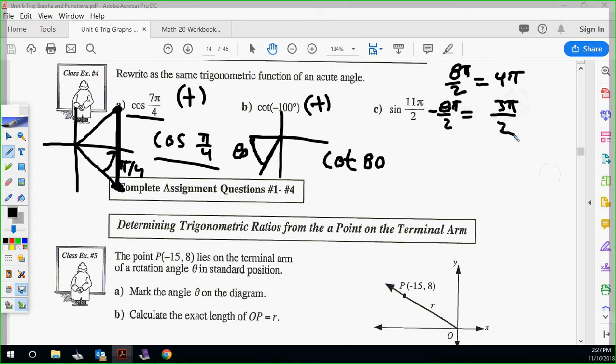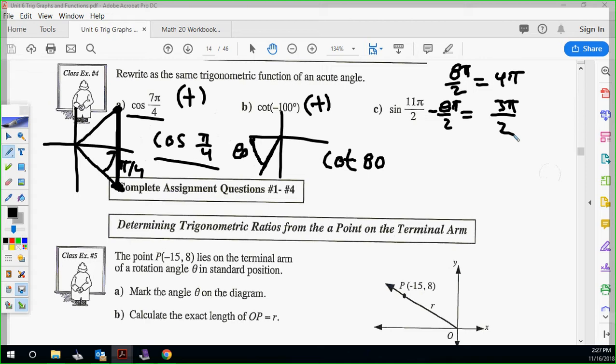3 pi over 2. What's that? 10 over 2, what would that do for me? But 10 over 2 is 5 pi, and with 5 pi you want to take out 2 pi's. So I use 8 because 8 is a multiple of 2 pi. I see what you're doing. You went to the next whole number.